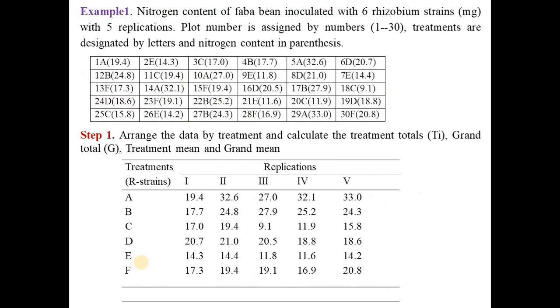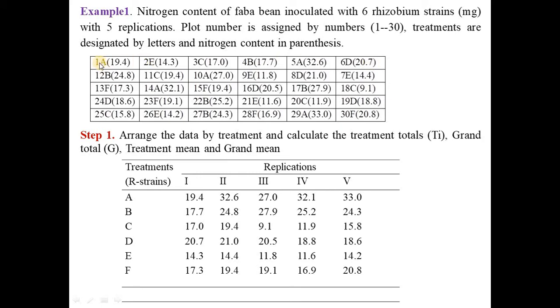When we see the example here, the nitrogen content of bean inoculated with 6 rhizobium strains with 5 replications, the plot number is assigned by numbers from 1 up to 30, and the treatments are designated by letters, whereas the nitrogen content is in the parentheses. That means the values are in the table.